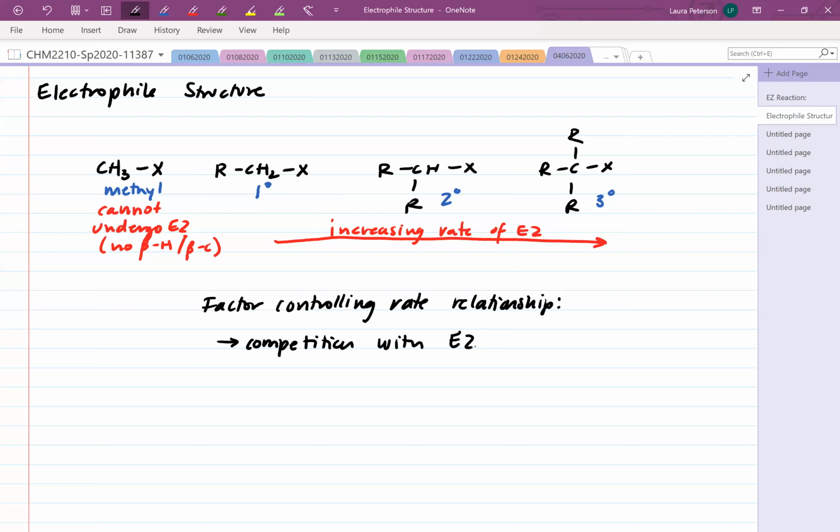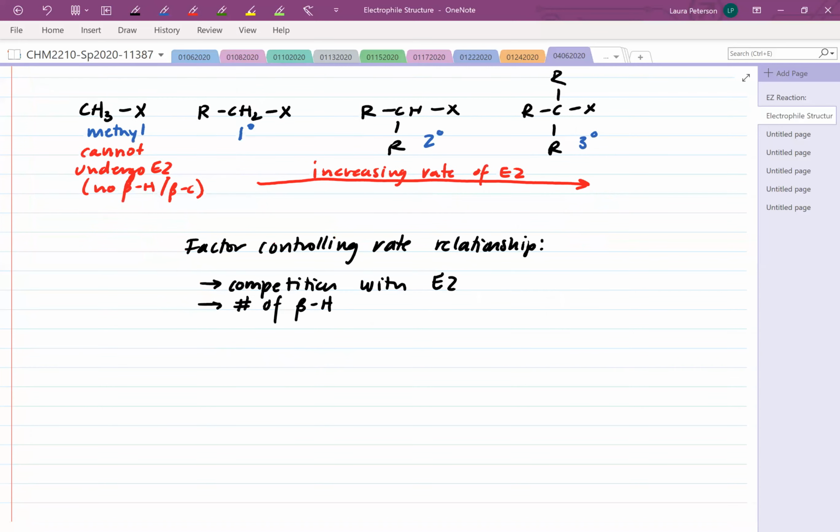So as we decrease the rate of SN2 by increasing the substitution at our electrophile, we artificially increase the rate of E2. The other thing is a statistical argument, having to do with the number of beta hydrogens. As I increase the substitution at my alpha carbon, I increase the number of potential beta hydrogens, so it's more likely that our base would run into one of these beta hydrogens. And then the last thing is the stability of the transition state, which is determined by the stability of the alkene.